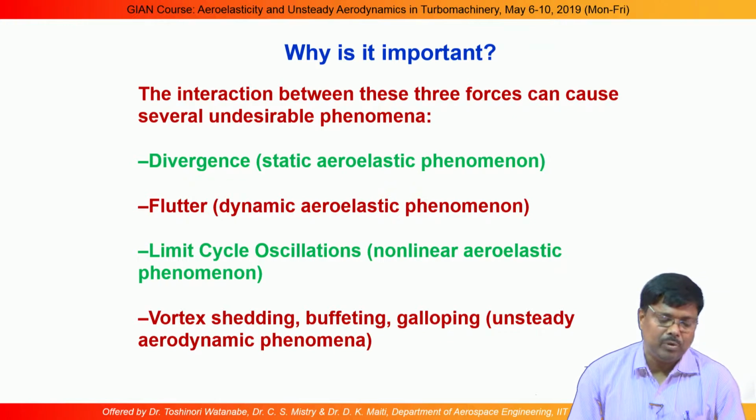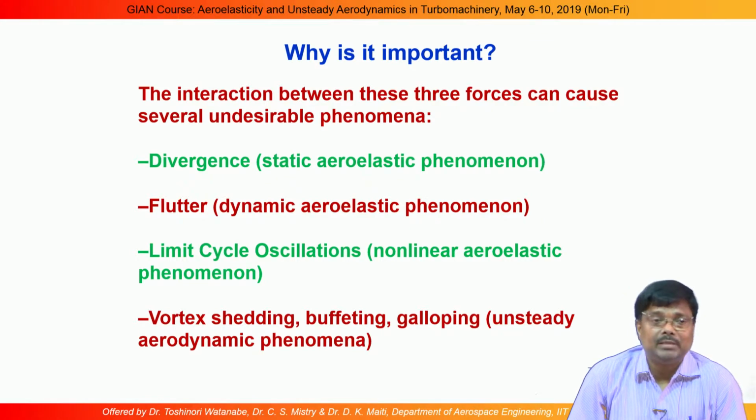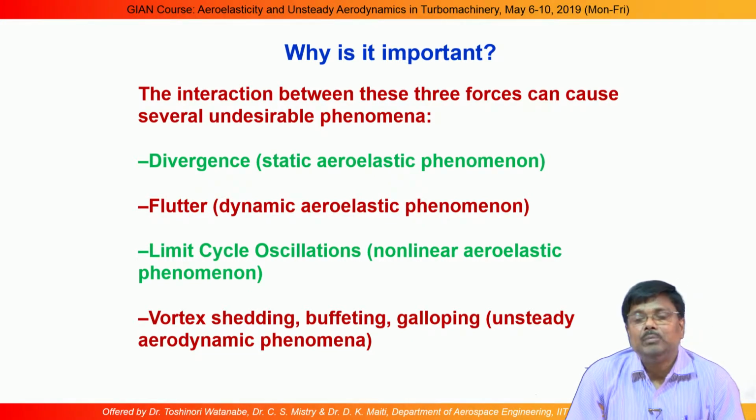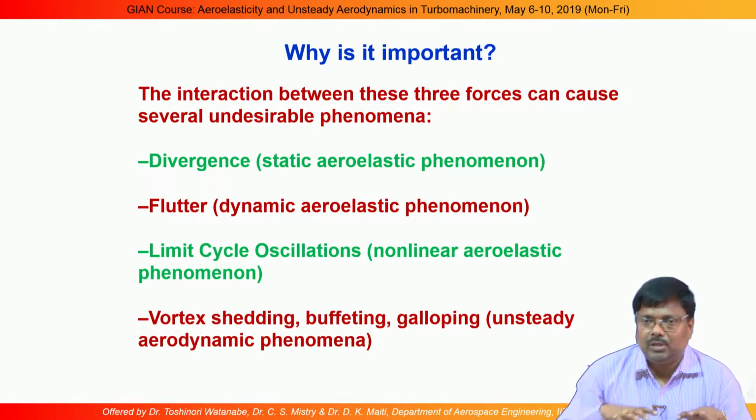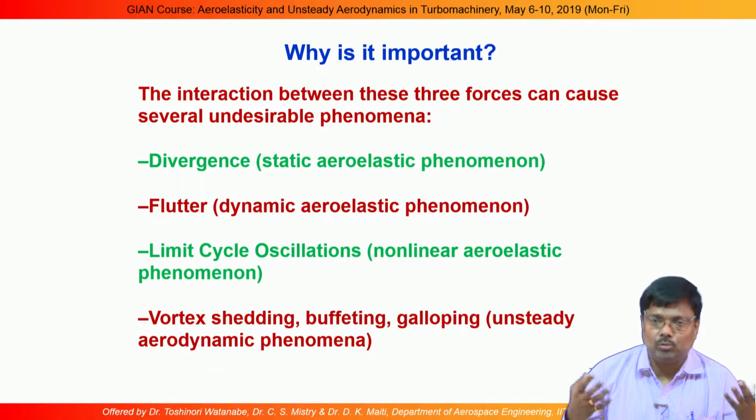I will give you a simple example. Our LCA, now named Tejas, started design in 1984. A fighter aircraft is designed to carry bombs, missiles and drop tanks, several things.